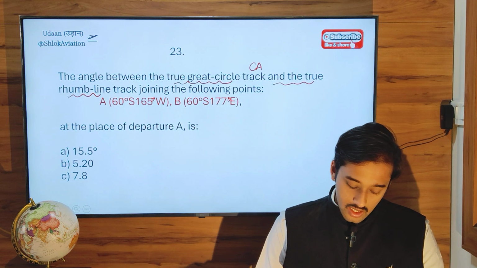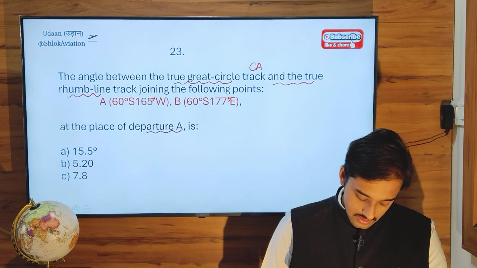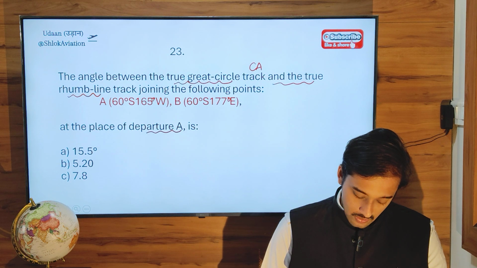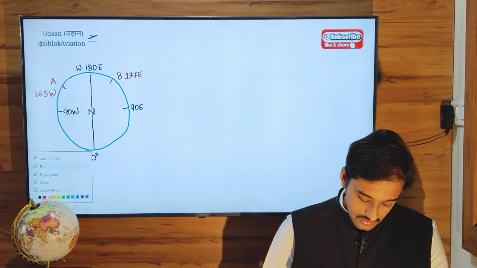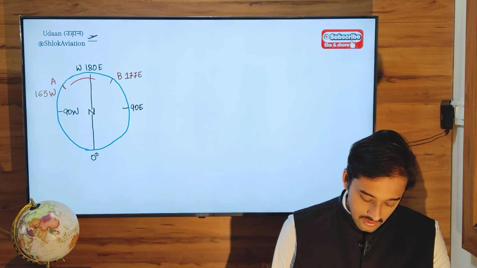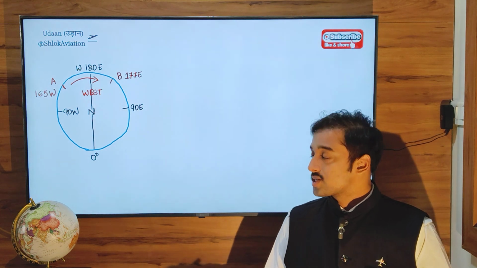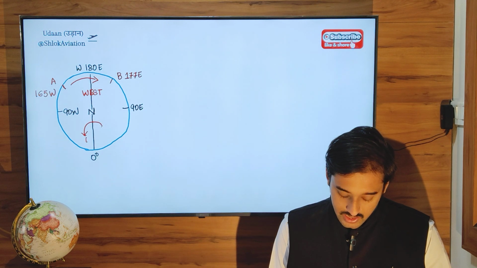Next, you're going from A to B at the place of departure. So A to B will be what direction? It will be a westerly direction. All clockwise directions are westerly. All anti-clockwise directions are easterly.